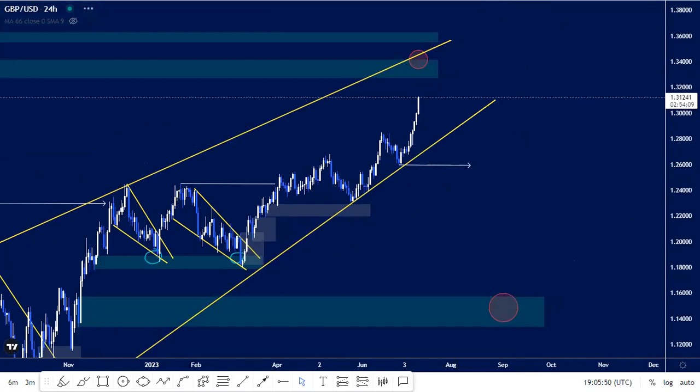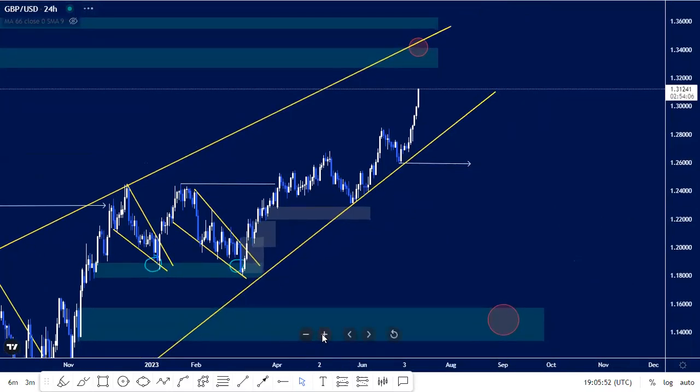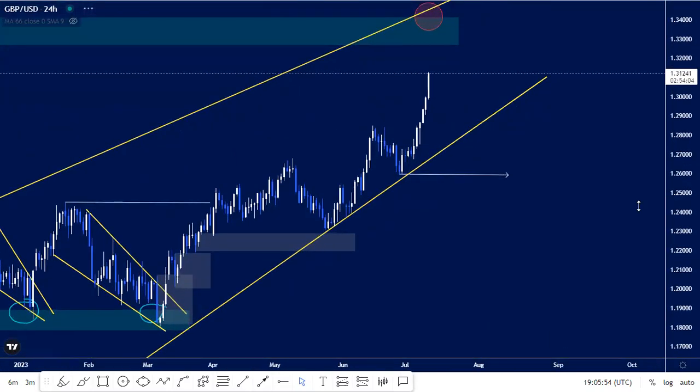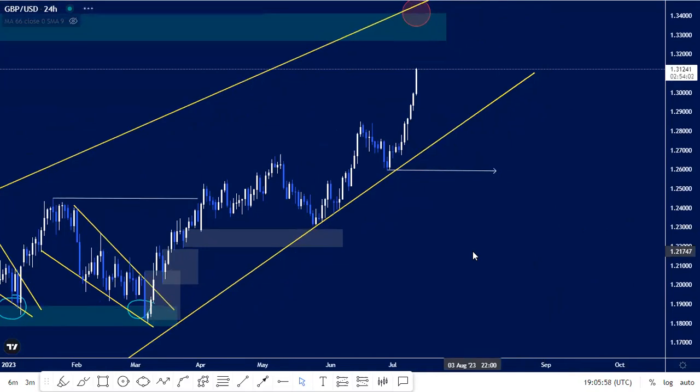So in this case, even yesterday there was news and today there was news. Let me make this point so clear. News, especially high volatile news, creates volatility, not direction.